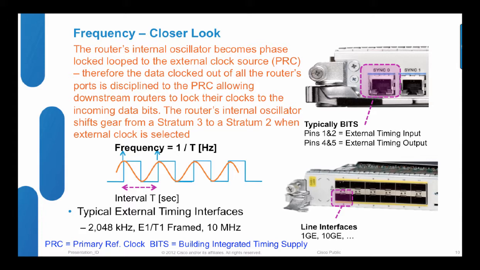In the world of clocks and quality, stratum 1 is the best, stratum 2 is extremely good, and stratum 3 is what you normally get out of the box on a router. Just Google stratum and you'll find the different information for that.